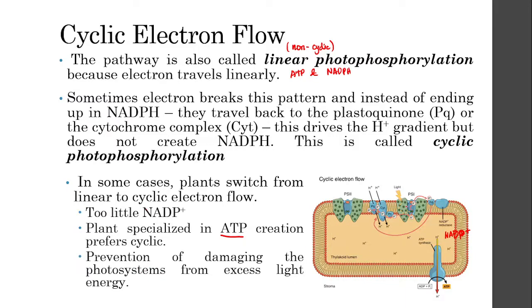If there's too much light energy, there's too many electrons, but probably not enough NADPH. So instead of throwing away that electron, it will keep returning it, creating this whole cyclic process that keeps pumping the H+. That is necessary if there's too much energy from the sun, so that the plant does not exhaust itself or damage its photosynthetic photosystem.